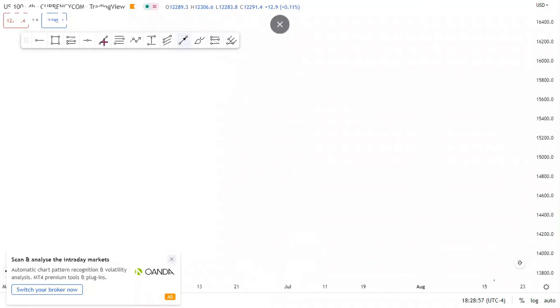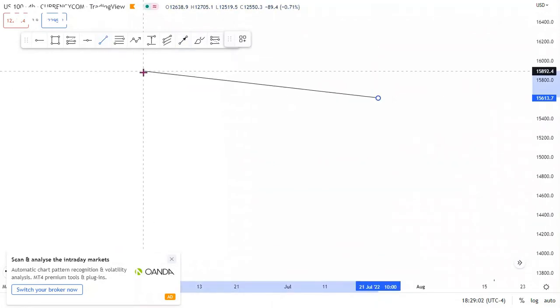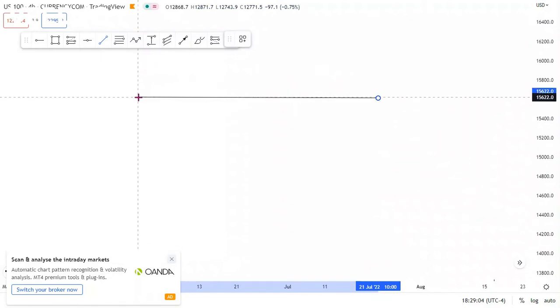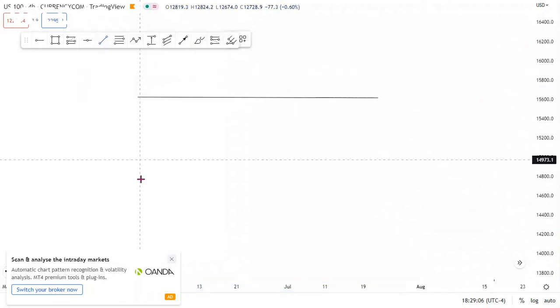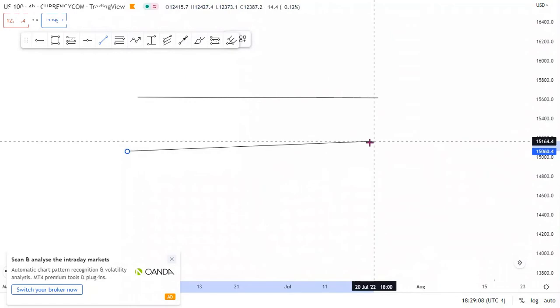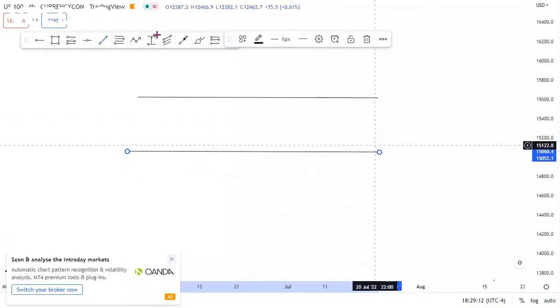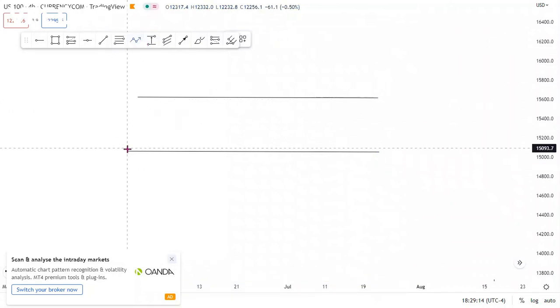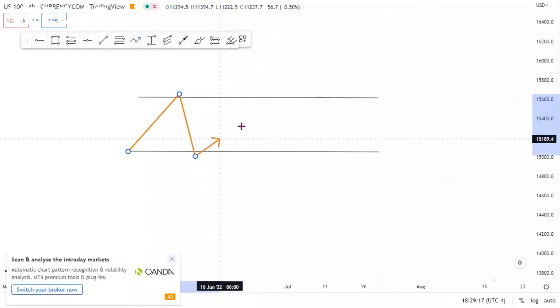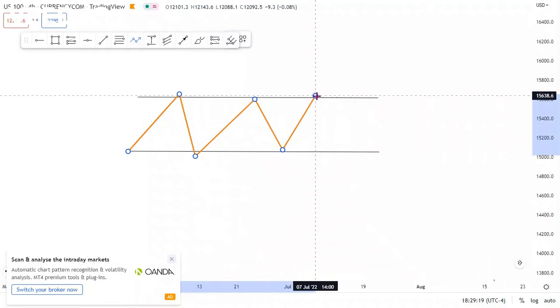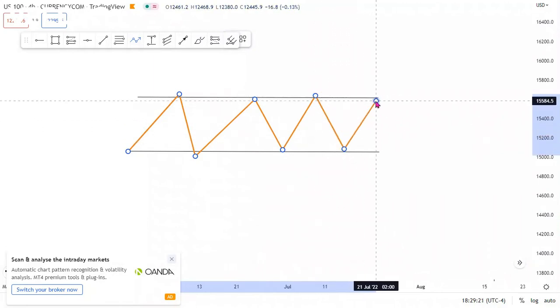So on how we are able to know this is our resistance and this is our support, I'll just do this to show what I mean by resistance and support, right? So this would be the market movement, this would be the market movement, this would be the market movement, right?